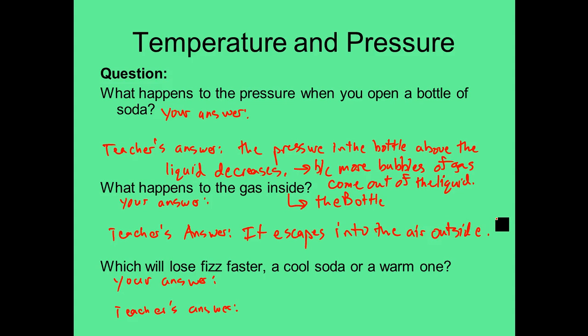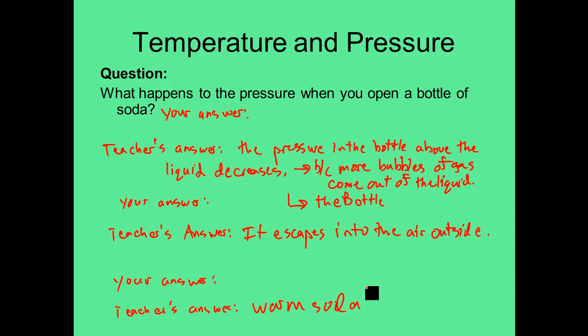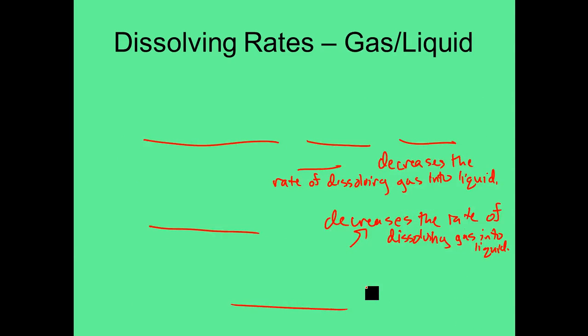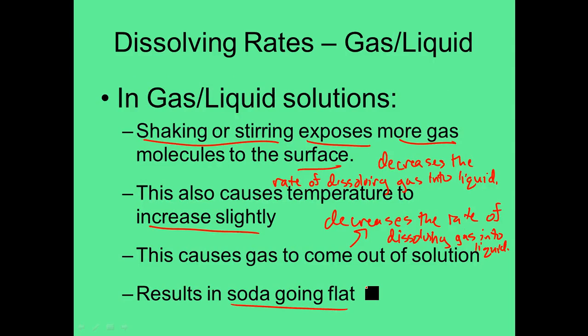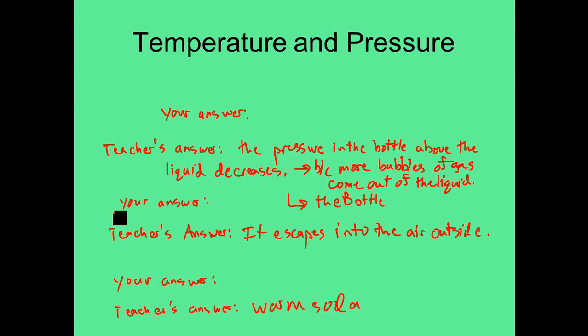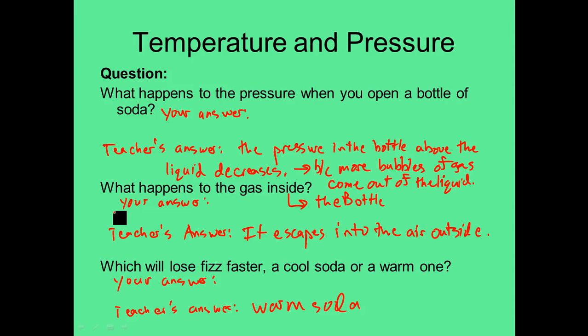All right, which will lose fizz faster, a cool soda or a warm one? The answer is a warm soda. If you look back at this slide, notice it says increased temperature will decrease the rate of dissolving gas into the liquid. So a warm soda will lose fizz faster because the gas does not stay dissolved in the soda.